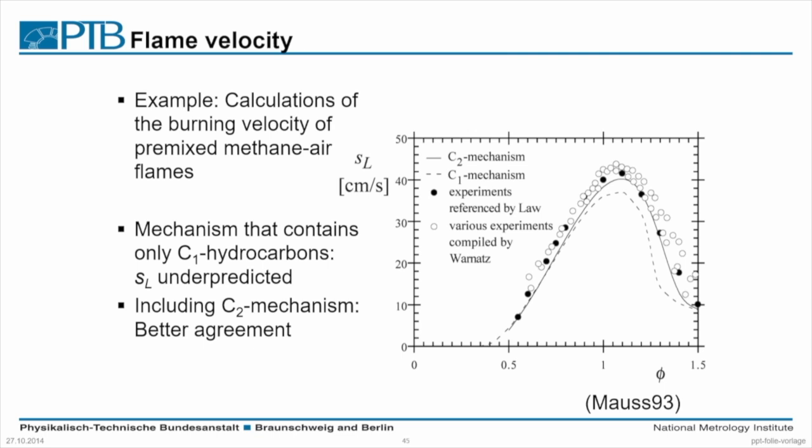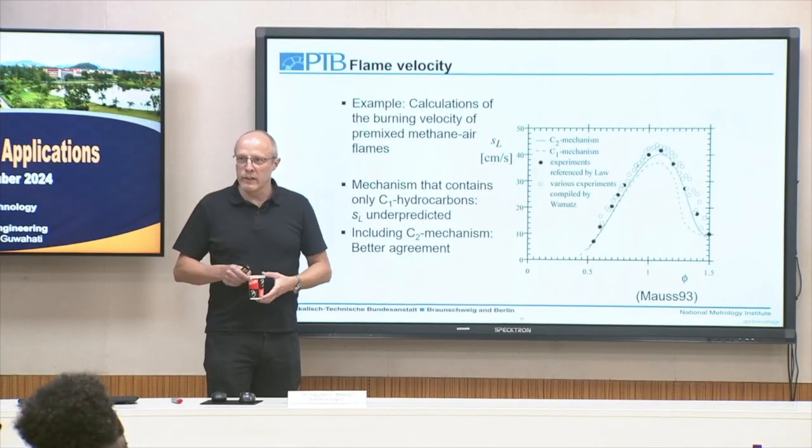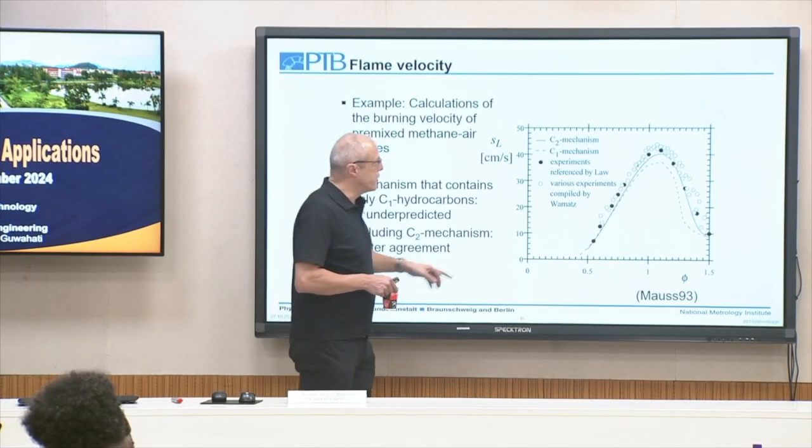So, as said, this is mainly used to calculate the laminar burning velocities. And here we see an example. We have discussed this methane mechanism in detail during the reaction flow analysis. We have a part for lean flames, and a part which is more dominant at rich flames. Here you see the outcome.